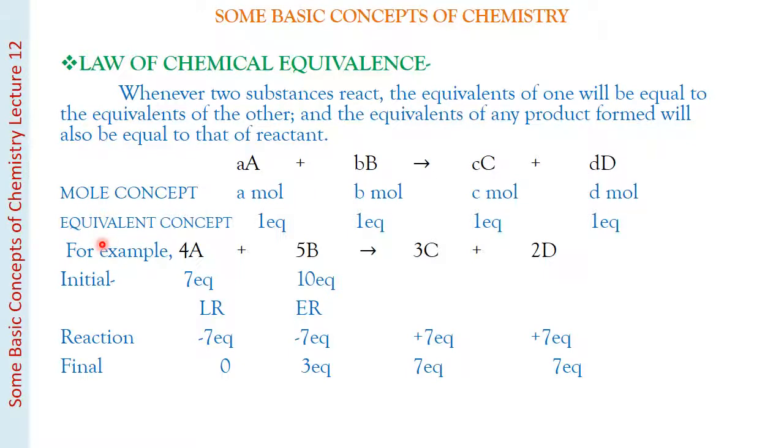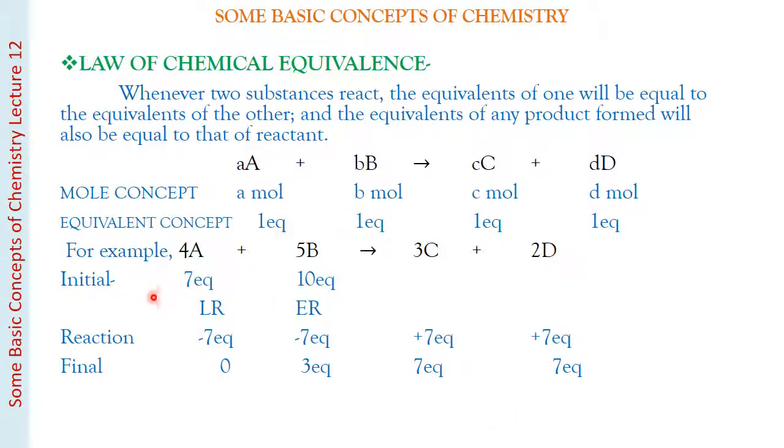But in the equivalent concept, this is very simple. One equivalent of A is going to react with one equivalent of B, forming one equivalent of C and one equivalent of D. So this is what the equivalent concept says. This is what the law of chemical equivalence says. And let us see how we apply this.